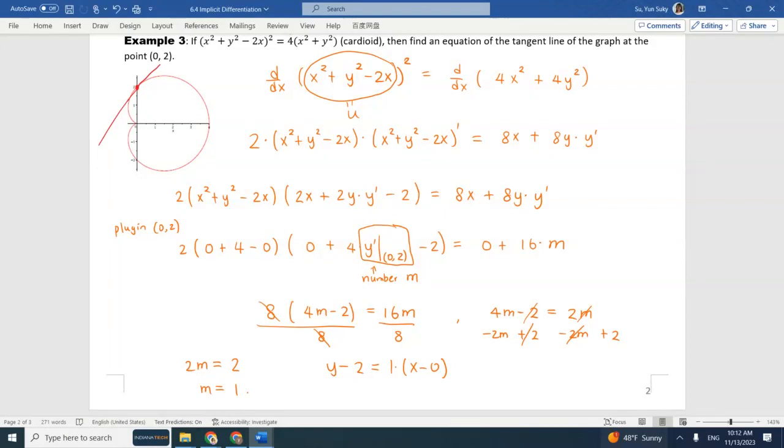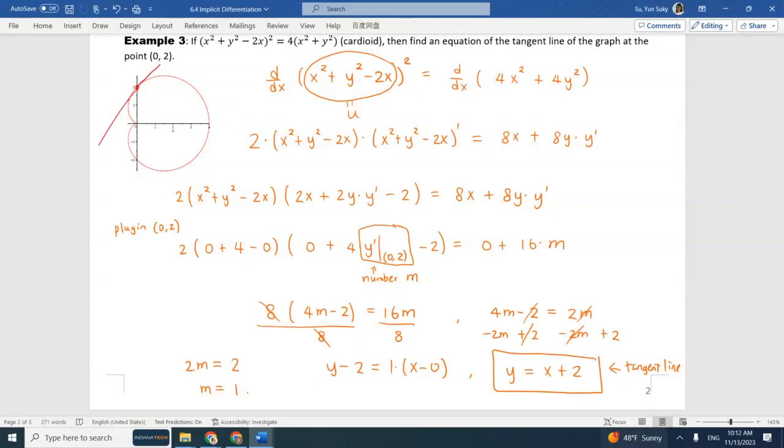Well, we are at the point (0, 2). So the y coordinate is 2. The x coordinate is 0. Do you still remember the point slope form? Y minus the y coordinate equals the slope times x minus the x coordinate. So what do you get? Y equals x plus 2. So this is our tangent line.